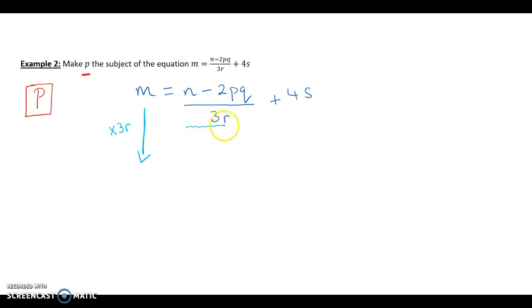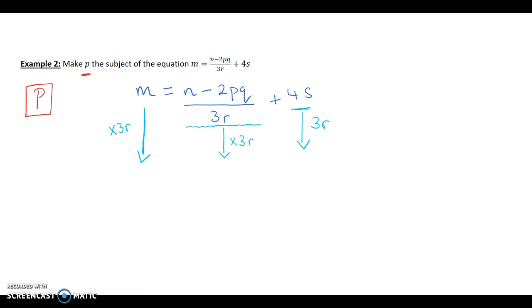Now, when we're doing this, we treat the fraction as one entity. So this whole thing, n minus 2pq over 3r, for the purposes of this line, we're considering to be just one thing. And then the 4s we're also going to multiply by 3r. So that gives us a new line.